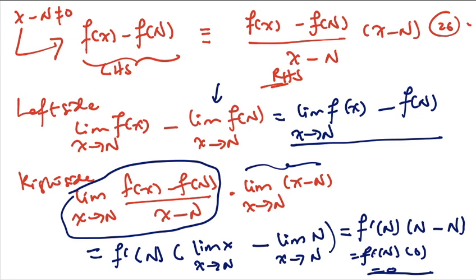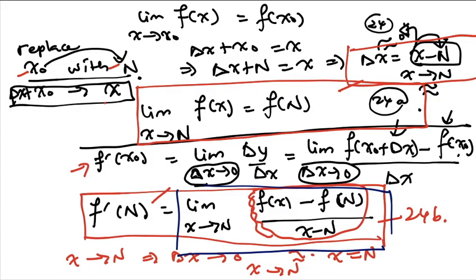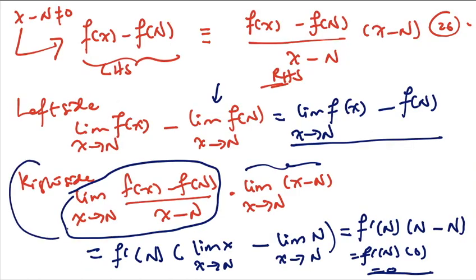Here, we cannot write this kind of result if this condition 24b is not spelled out just now, isn't it? Because if f prime n doesn't exist, then what happens to the right hand side here? The right hand side here doesn't exist, isn't it?